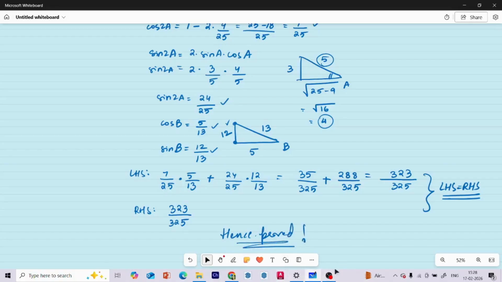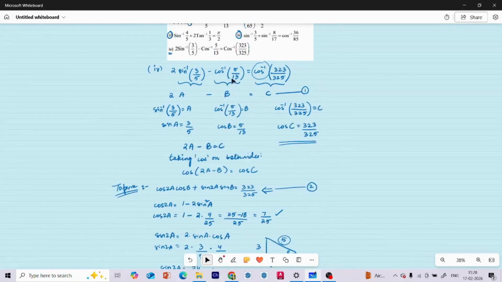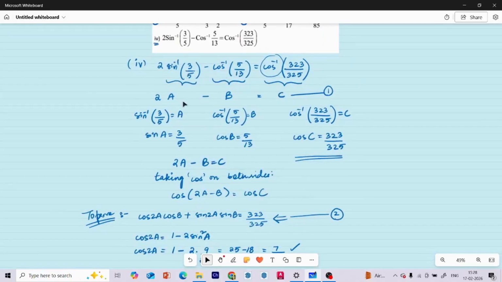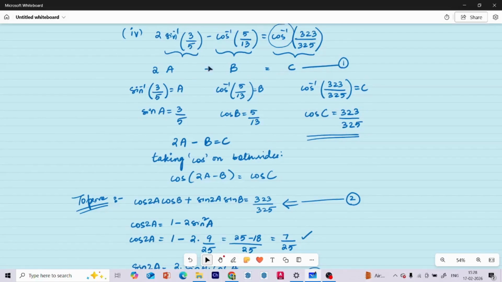Okay, and that's it. It's very simple. So as I said, same format. First step, we will always replace our inverse functions with some values A, B, C. Then you write down what each of it represents. That is, A is sin inverse 3 by 5, so sin A is 3 by 5. Similarly cos B is 5 by 13, cos C is so and so. Okay, so we have rewritten our question.